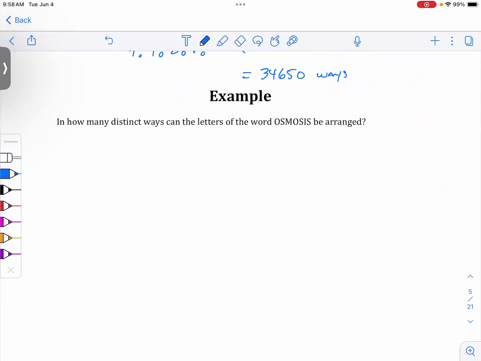Similarly, in how many distinct ways can the letters of the word osmosis be arranged? So there are 7 total letters there, all right? And then there are 2 O's, 3 S's, 1 I, 1 M, and that is the total 7.